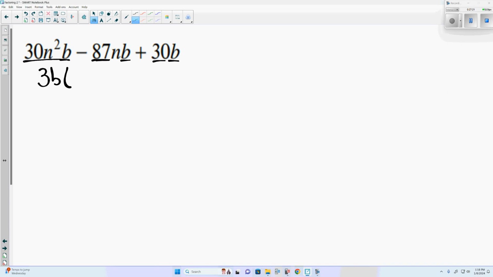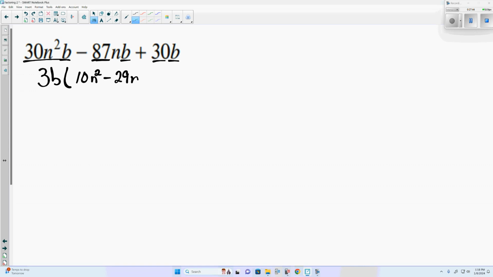And if we factor 3b out of 30n squared b, well, 30 divided by 3 is 10. We didn't do anything to the n, so it's still n squared. And the b factors out completely, minus. As we did in the calculator, 87 divided by 3 is 29.